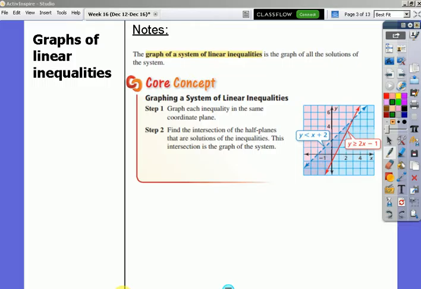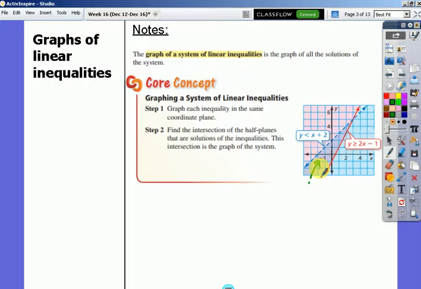When we're dealing with a system, we are simply going to identify the intersection of the 2 or 3 or 4 shaded regions. So in this case, they did their shading and they found that, in this example, there is an intersection of the shaded region there, so that means that area is in fact the solution to your system of linear inequalities.